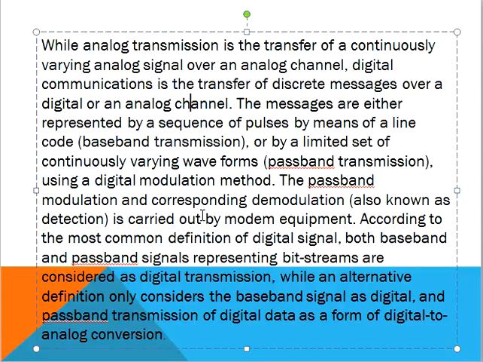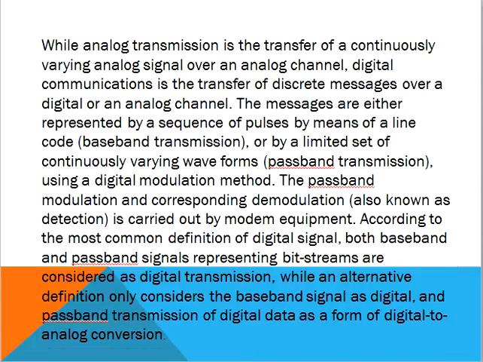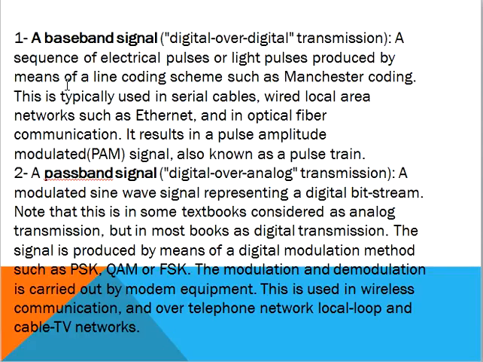The passband modulation and corresponding demodulation is carried out by modern equipment. Let me go ahead and start with these two. Here you see the first one, a baseband signal, which is digital over digital transmission.